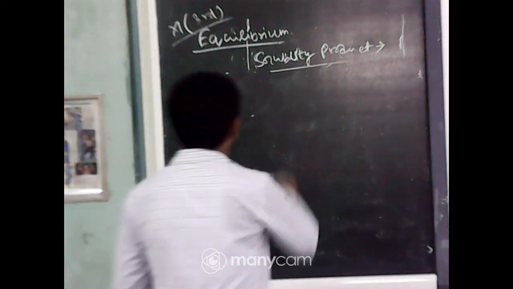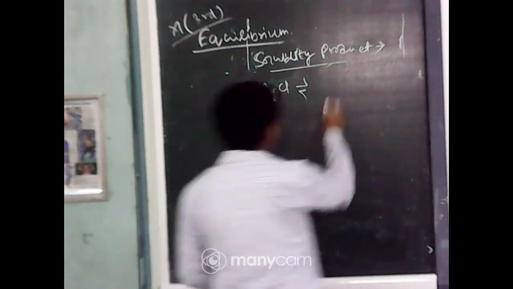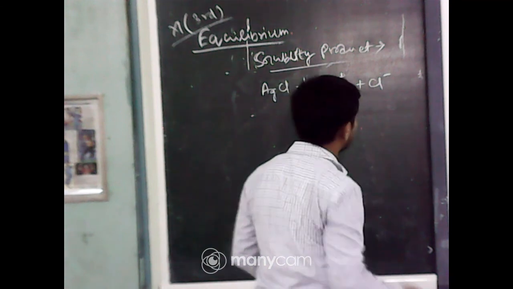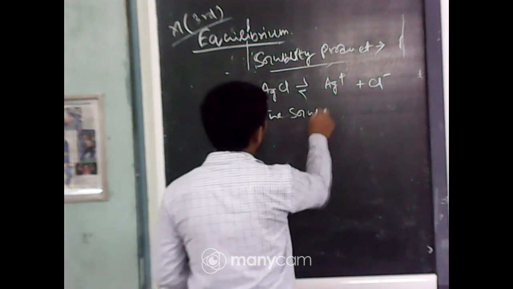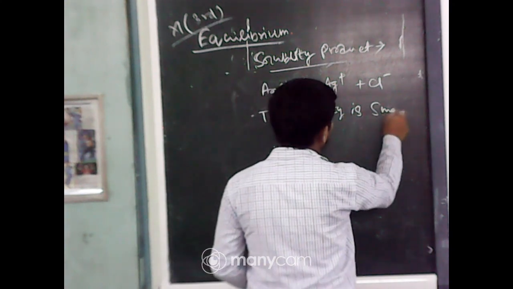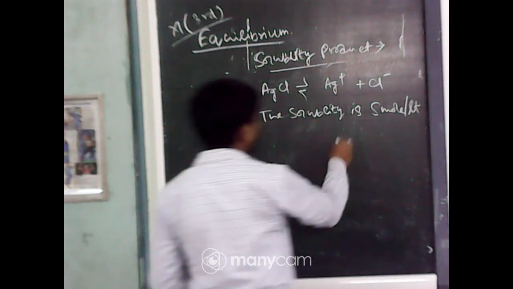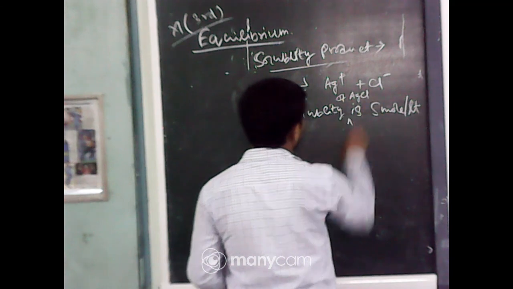Now, next, what is the example? For example, AgCl. First of all, write down the dissociation equation: Ag plus and Cl minus. It is assumed that the solubility of AgCl is S mole per liter.